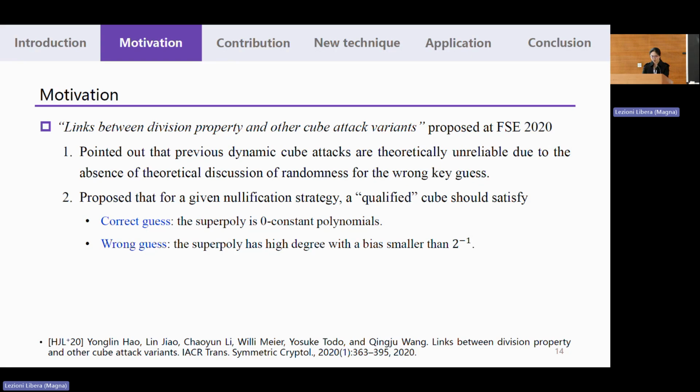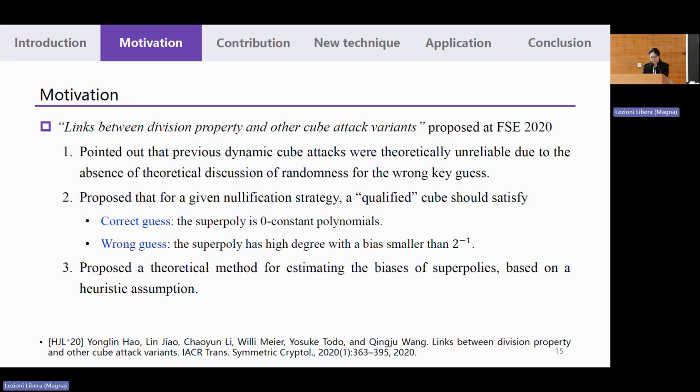Besides, the authors proposed that for a given nullification strategy, a qualified cube should satisfy the following conditions. For the correct key guess, the superpoly is zero constant, and for a wrong key guess, the superpoly has high degree with a bias smaller than 2 to the minus 1. Third, the authors proposed a theoretical method for estimating the biases of superpolies based on a heuristic assumption.